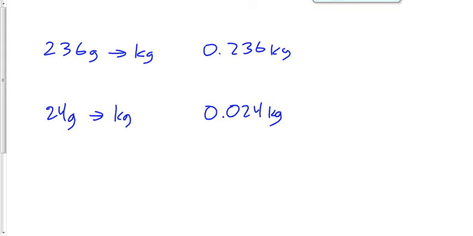Now, if you're anything like me, I don't know why I still have this problem. But I do sometimes, not often, but occasionally, if I'm converting by moving decimal places, I seem to make a mistake moving the decimal places. Not so much with the first one. I don't really have a problem with those ones.